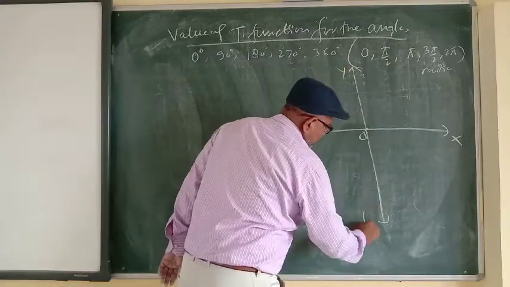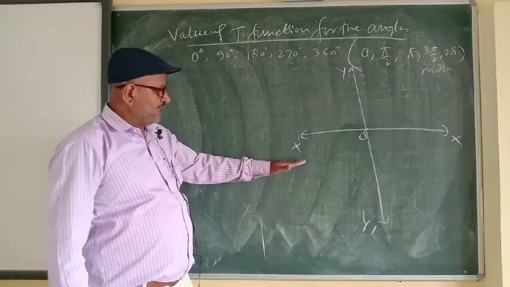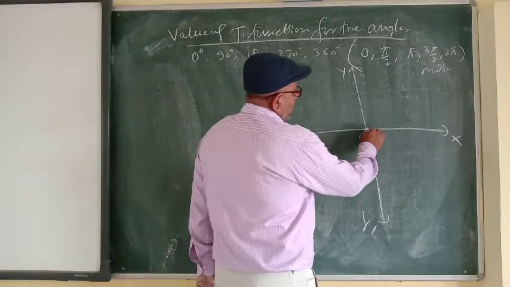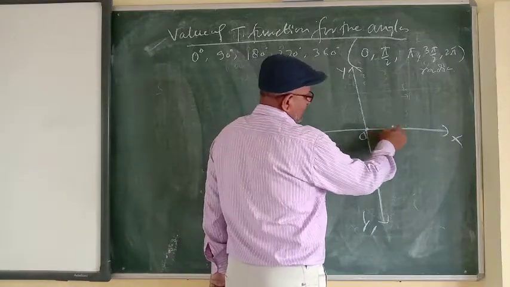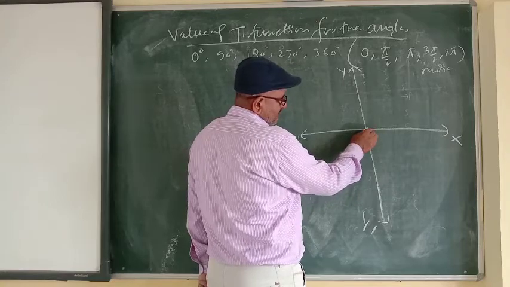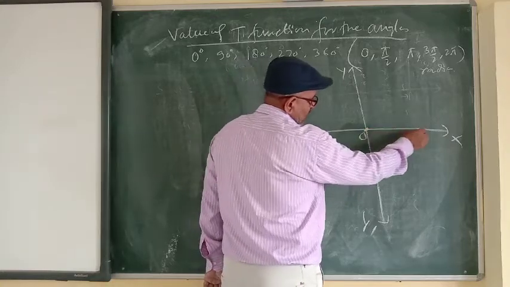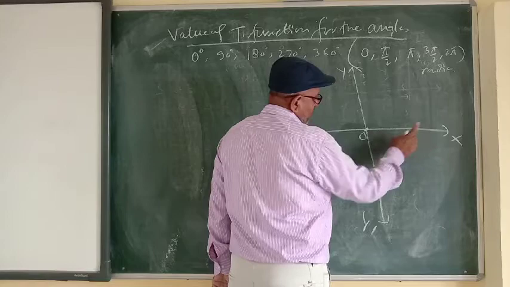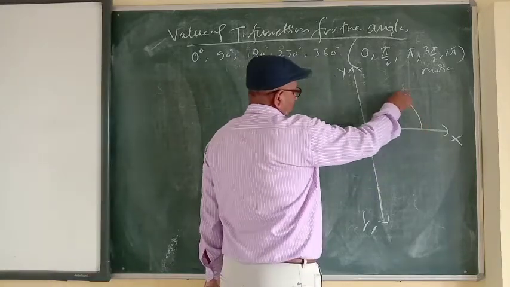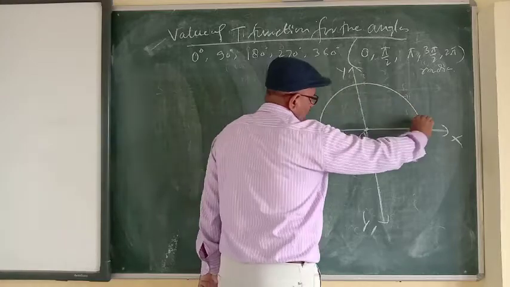We have taken x-axis and y-axis. Now we will draw a circle taking origin as center. Draw a circle with center as origin and radius 1 unit. 1 unit means 1. So taking the radius 1, we will draw a circle.